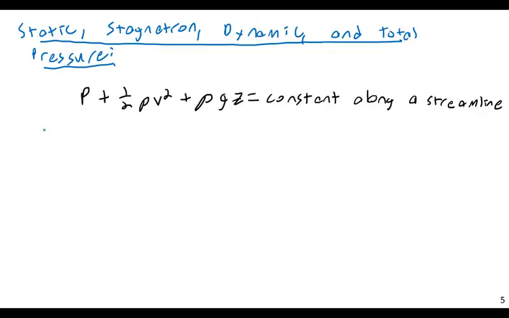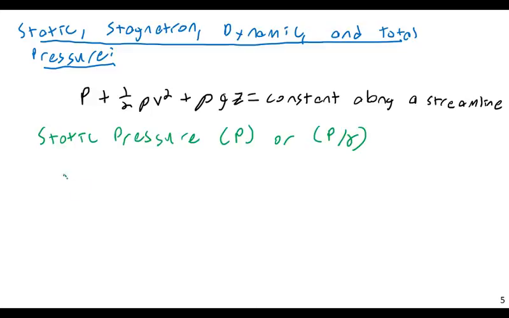So I have static pressure. Or another interpretation I can use to break this down: static pressure, this is going to be our P, or our P over gamma.